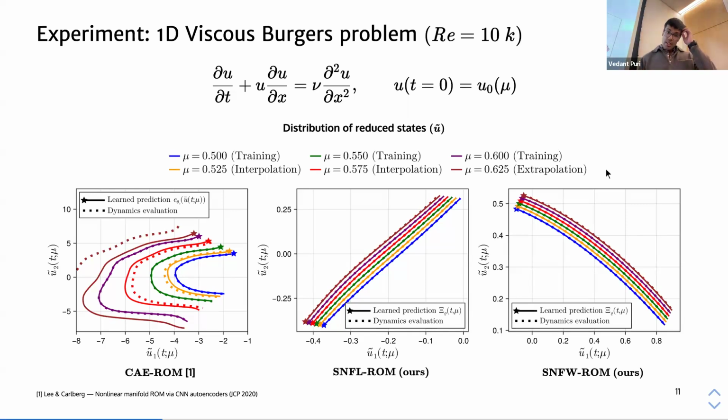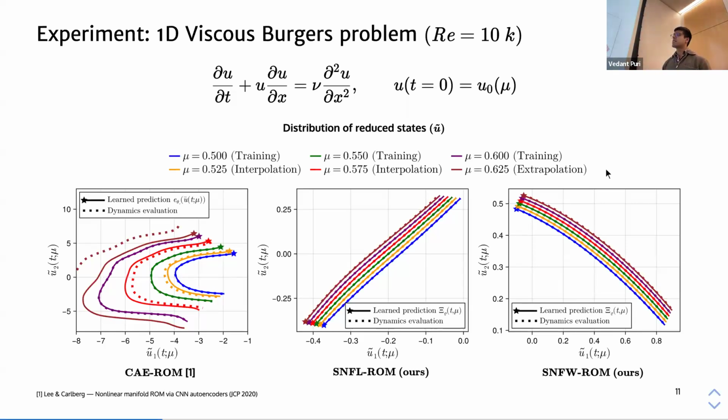And as you can see, the latent trajectories learned by the convolutional autoencoder are somewhat convoluted and hard to follow. You can see that the online solve given by the dashed lines often deviates quite significantly, even for the training test cases.